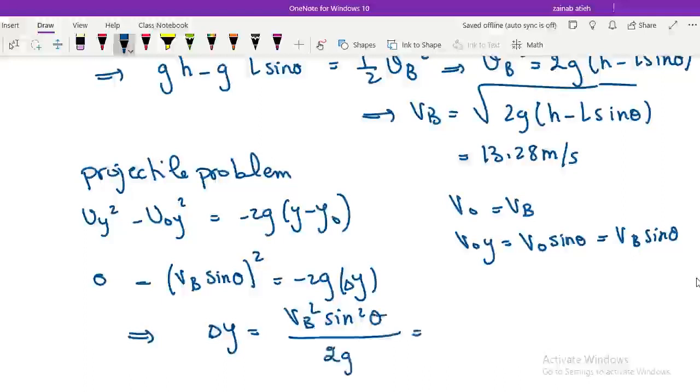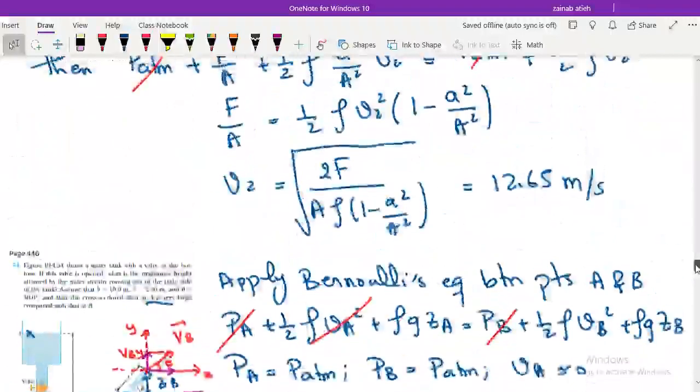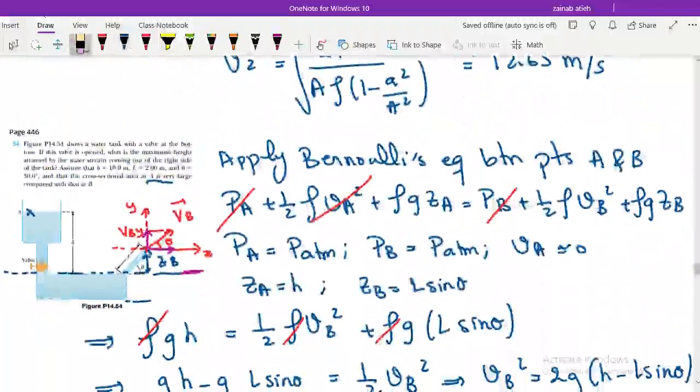This delta y is the distance after it rose, meaning how high it is above point B. So you will get 13.28 squared times sine squared 30 over 2 times 9.8, and you will get your answer: 2.25 meters. So the distance from the highest point to point B, I will erase everything.